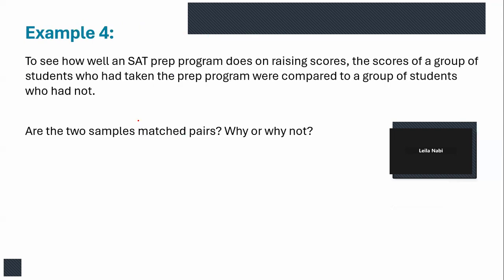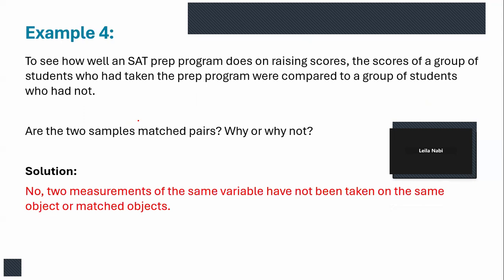The two groups that we have here, one group had taken the prep program and the other didn't. Are they matched pair? No, because they don't have a similar characteristic when one group received the prep program and the other had not.